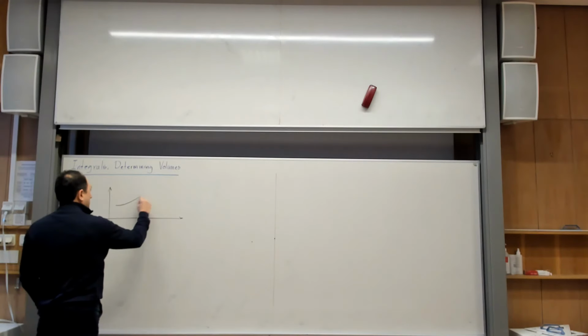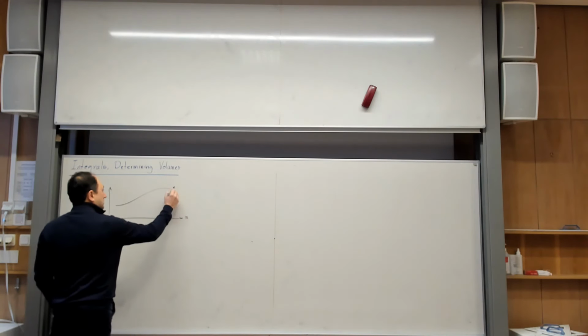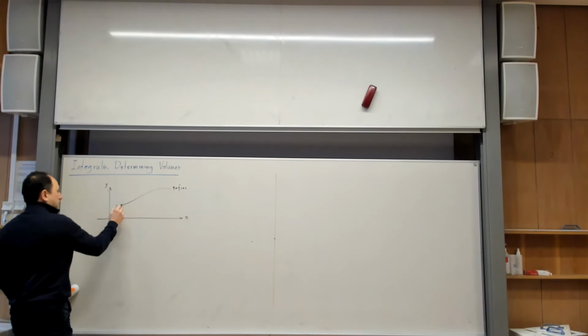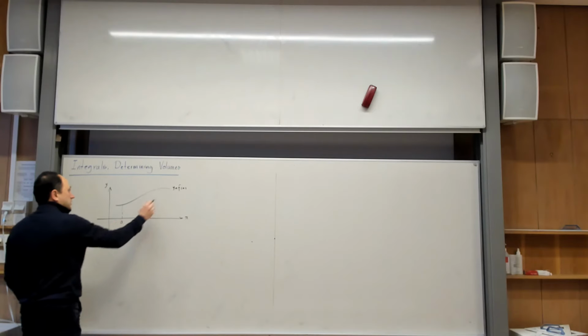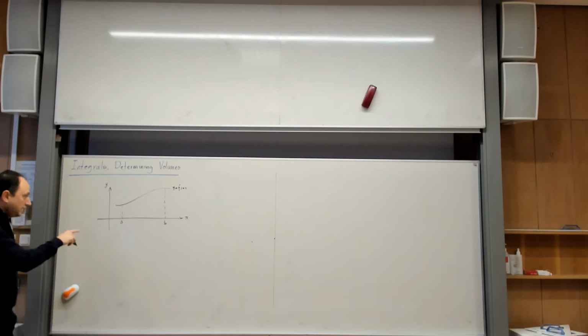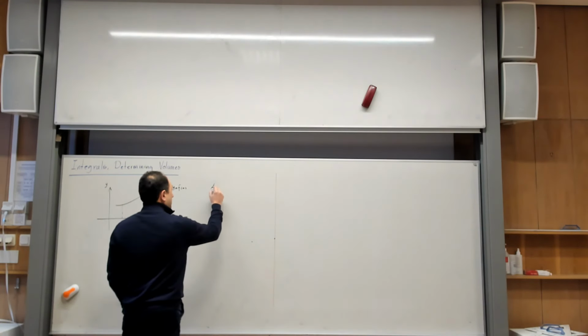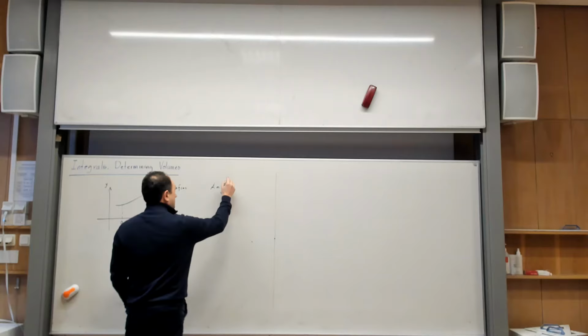Let us assume that the curve is above the x-axis, and that this is the graph of the function f of x between two points A and B. Here we learned how to calculate this area before. In this case, the area was the integral from A to B of f of x dx.